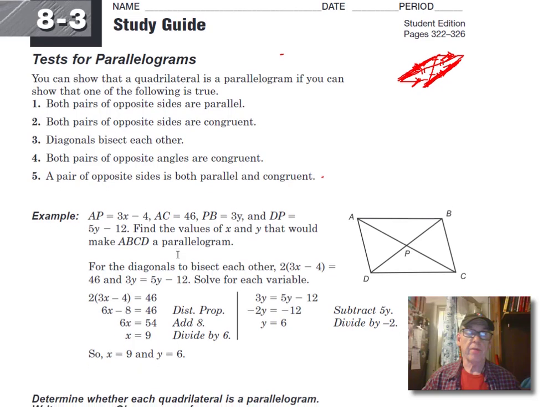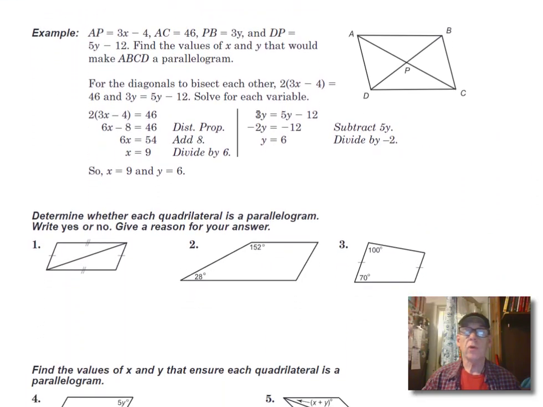So let's look and see what we have here. In this example, they're telling us that AP is 3x minus 4, and the whole length of AC is 46, which is this whole entire length here.